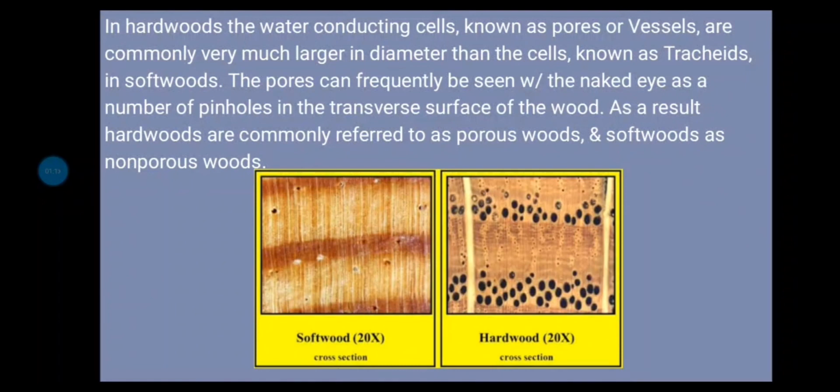The pores can frequently be seen with the naked eye as a number of pinholes in the transverse surface of the wood. As a result, hardwoods are commonly referred to as porous woods and softwoods as non-porous woods. You can see the difference between the softwood and hardwood in the picture. So hardwoods are referred to as porous woods and softwood as non-porous.